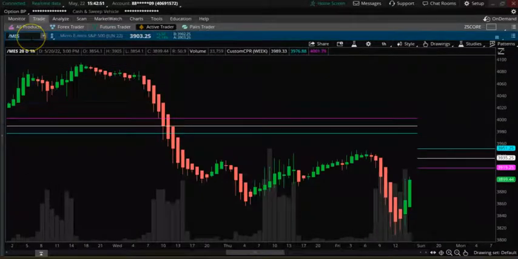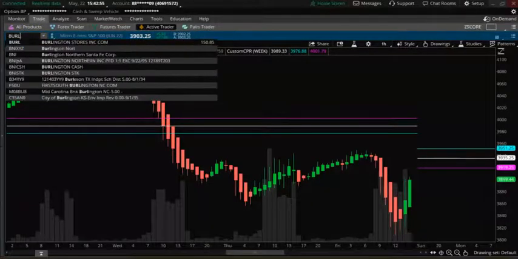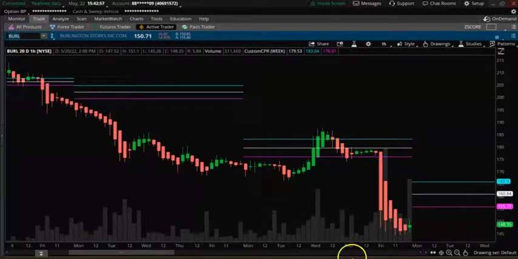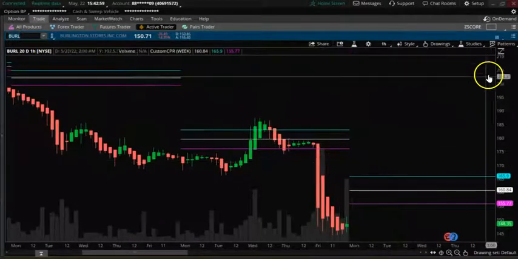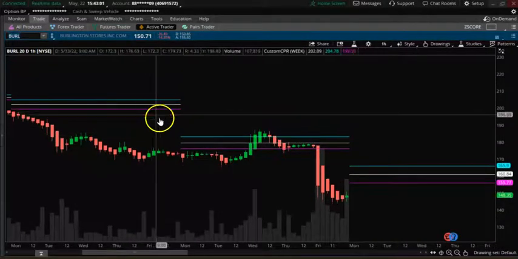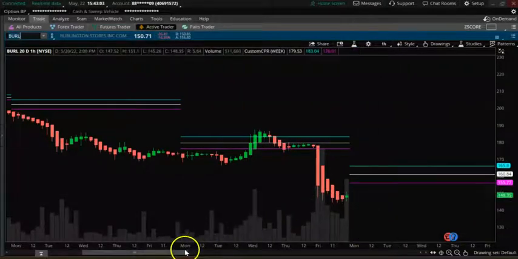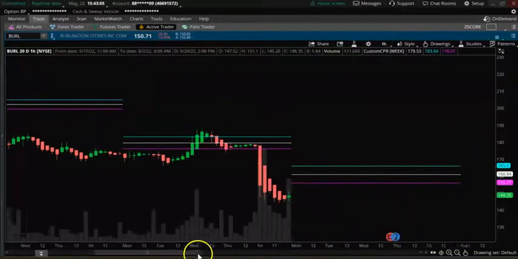So BURL. You can see that basically the 3 CPRs are coming down, and we are on a 1 hour time frame.